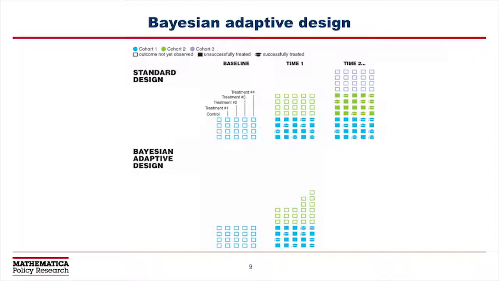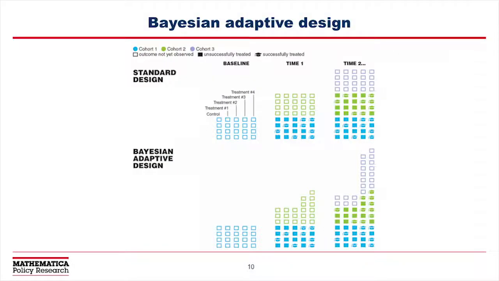Then in cohort 2, when high needs families walk through our door, we're going to increase the probability of randomizing to that more intensive treatment. And that's why you can see these green cohort 2 families stacking up a little bit higher in this last treatment arm. So that really is the crux of the matter.